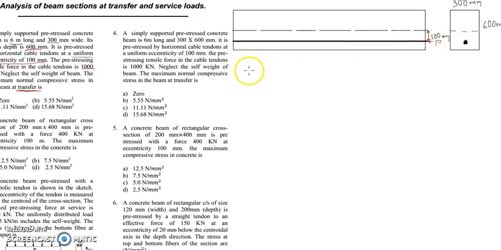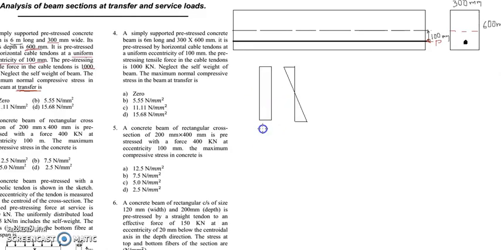So what they're asking, because the eccentricity is in the downward direction, the bottom part will be under more stress. The stress distribution is going to be P by A. This is how the stress distribution would be.